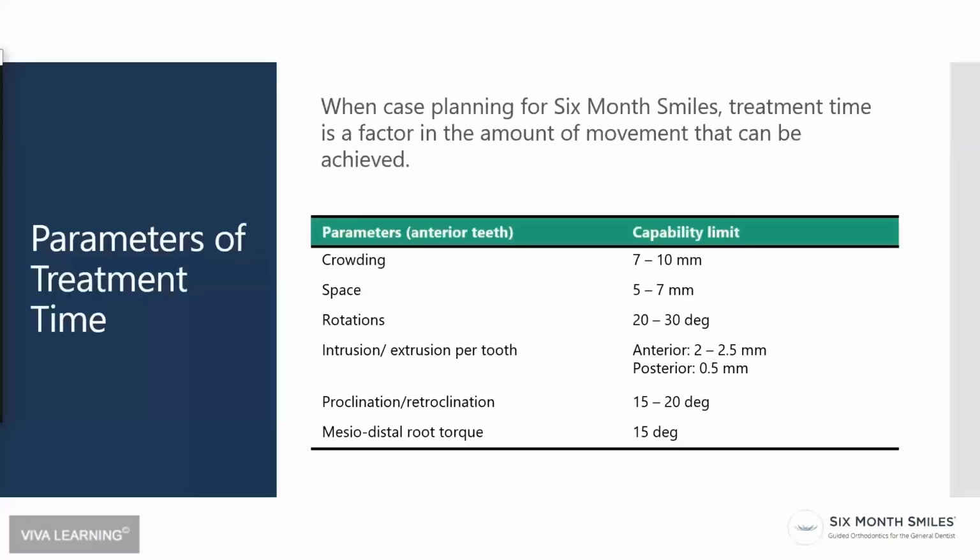Some more, some less, some none, because of the tooth size discrepancy. As we said, rotations 35 degrees I think is better. Intrusion, extrusion per tooth, 2 to 2.5 millimeters, and posterior intrusion 0.5, and basically the same values that we looked at previously.